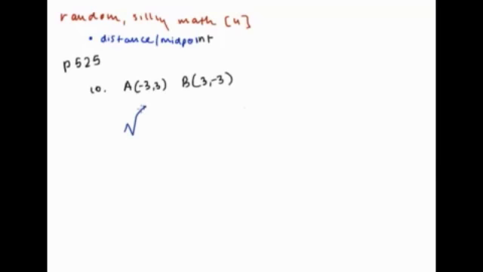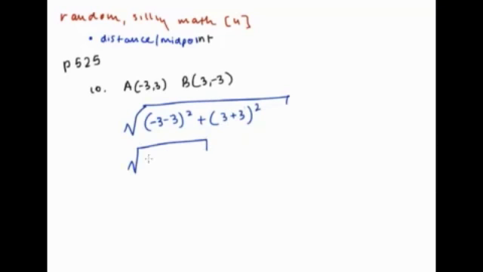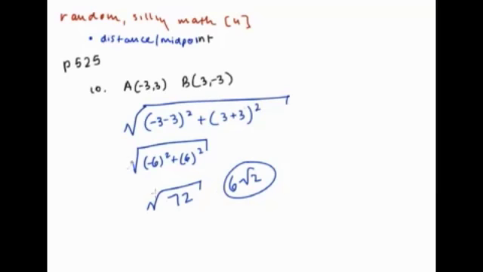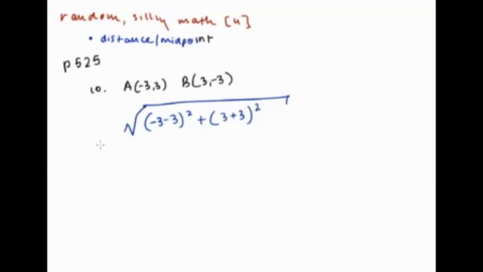So, we have -3 minus 3 squared plus 3 minus -3, which is just 3 plus 3 squared. That is -6 squared plus 6 squared. That's 72. What is that? 6√2. Okay, simple, simple, simple enough, if you just know your distance formula.